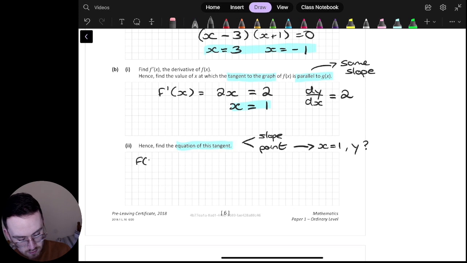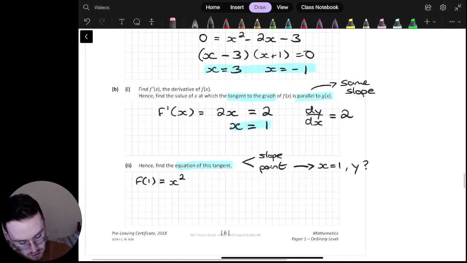We can pick one of them. So maybe we'll pick f of 1. See, it was x squared plus 2. So it would be 1 squared plus 2, which is 3. So we have a point (1, 3). So then my formula for the equation of a line is y minus y1 is equal to m times x minus x1.